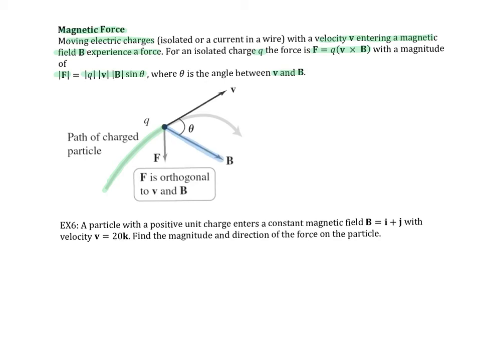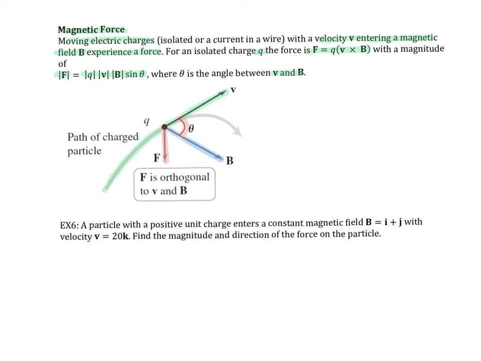We're going to call that B. At the instant that this particle hits that magnetic field, we can describe its velocity using this vector V. So here we have the angle theta between the two. If we cross those vectors, and then we multiply it by the absolute value of the charge, it's just some constant, it's a scalar, what we're going to get is this force vector.